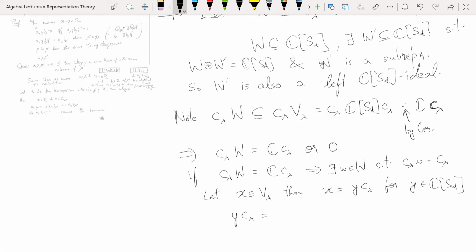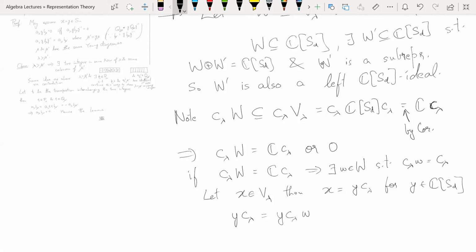Now Y times C lambda is equal to Y times C lambda times w.